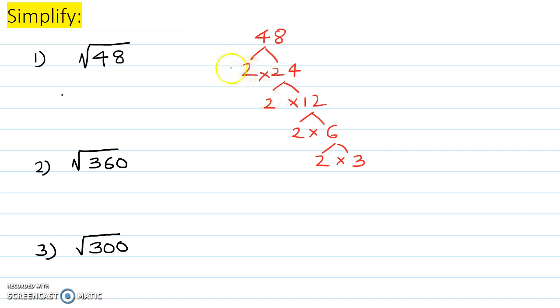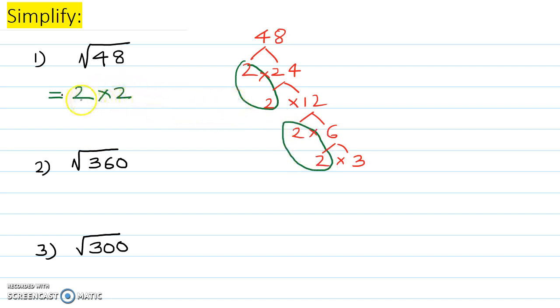So here let's start. These are our prime numbers. So remember, root 48, I am going to write. You need to pay attention here. For this pair, 2 and 2, you write down one time. Again, for this pair you write down one time.